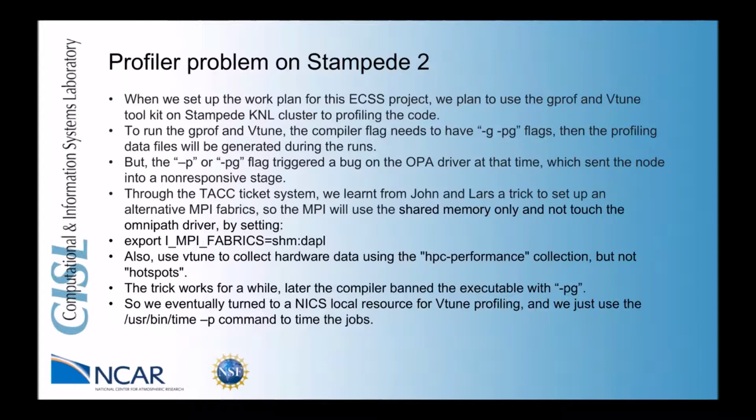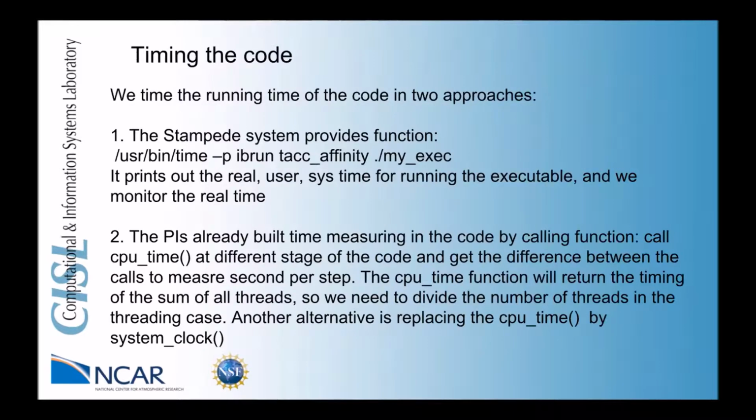So eventually we turned to using mixed local resources for the VTune profiler, and I just used the timing command on Stampede2 to time the jobs. So how do we time the job? We time the job via 2 approaches. The first one is to use the system-provided time -p function.